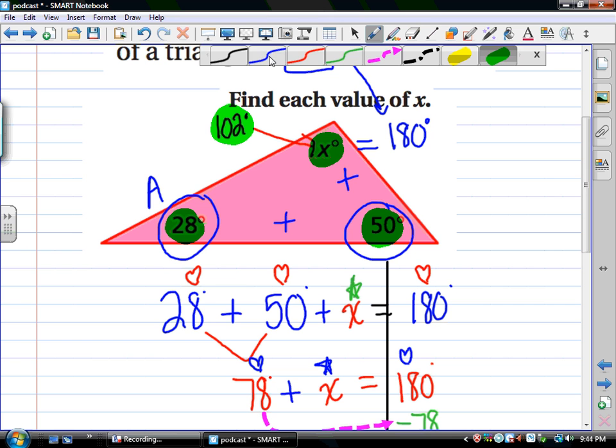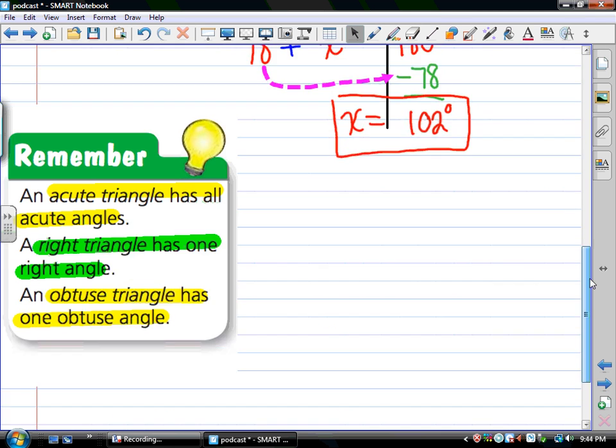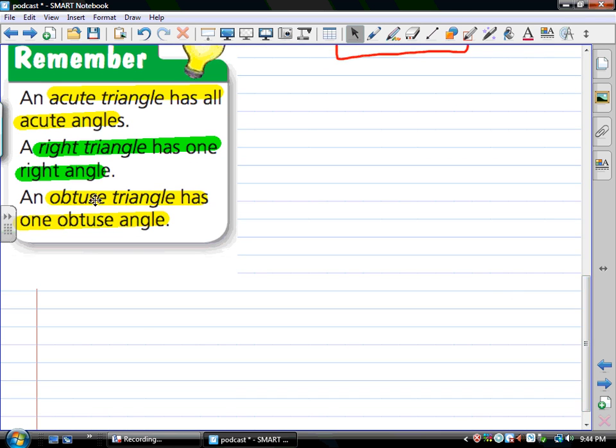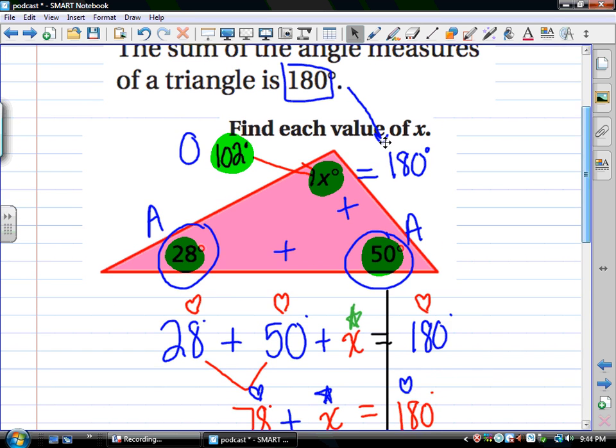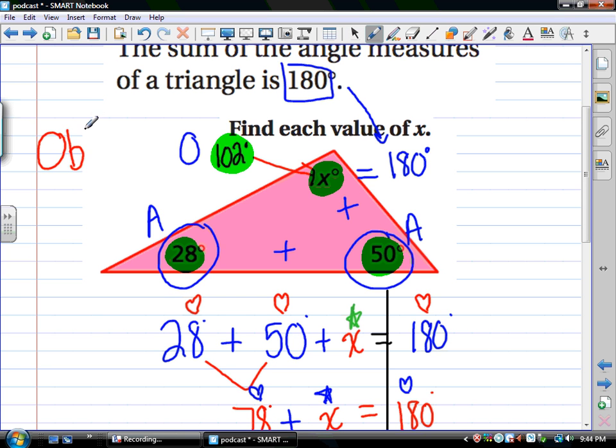That is also an acute angle. I'll put the letter A. And we have 102 degrees, which is an obtuse angle. If I come back and look at my definitions, an obtuse triangle has one obtuse angle. I have one obtuse angle, 102 degrees. So by definition, we say that this is an obtuse triangle. An obtuse triangle is any triangle that has one obtuse angle.